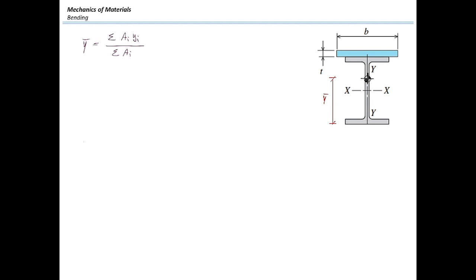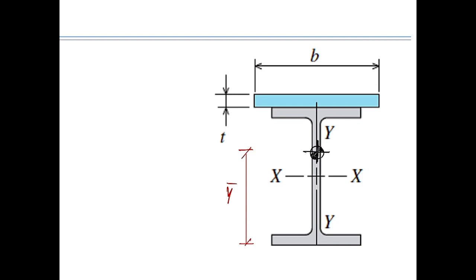To make the calculation easier, I'm going to form a table. Area of a plate would be B multiplied by T. B is 250, T is 10, so that would be 2500 square millimeters. How much is the area of the W shape? This is what we read from the table. Now I'm going to write down the y value. Y is the distance of the centroid of each of these shapes to the bottom of the section.